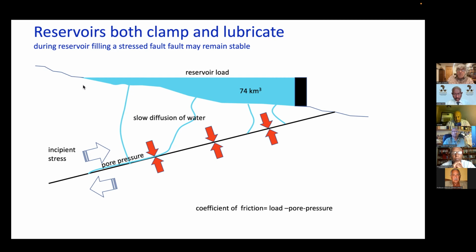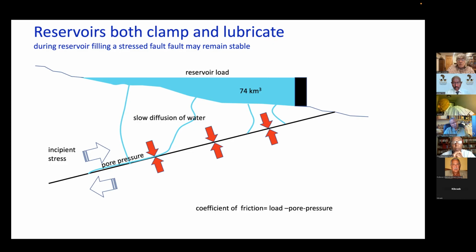Now, the problem is that the reservoir hasn't got a nice plastic sheet under it. And what it's doing, in addition to loading the rocks, is that it's injecting fluids through cracks, thousands and thousands of small cracks that exist in the earth, and this results in fluids diffusing down to the fault zone.